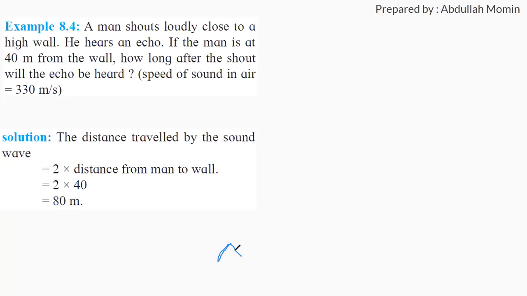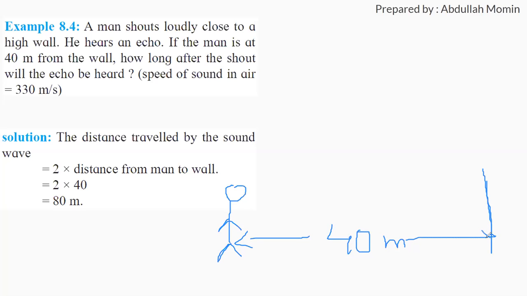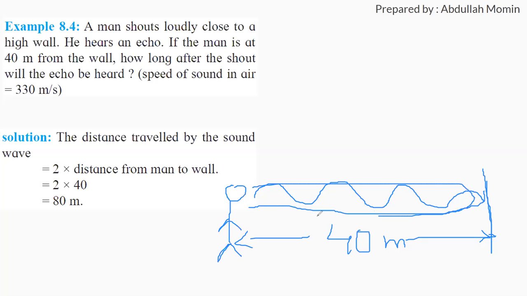Suppose a man is standing here and there is a wall in front of him at a distance of 40 meters. When he shouts, the sound first travels a 40-meter distance, gets reflected back from this wall, and again the sound will travel 40 meters. So the total distance covered is 80 meters, twice the distance from the man to the wall.